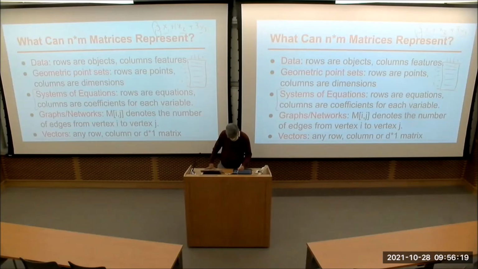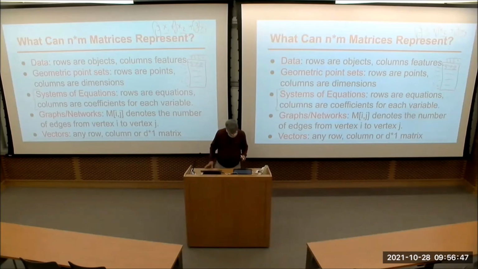This would be 1. This would be 3. Once the order of the variables is fixed, you can represent an equation by just the coefficients, and thus we could view a matrix as being a system of linear equations.